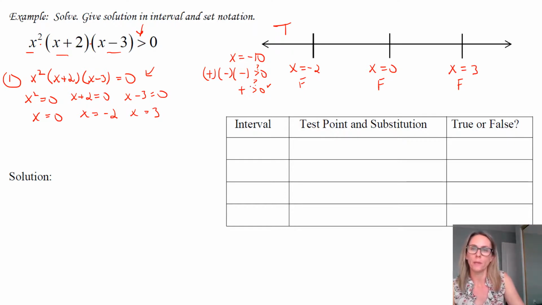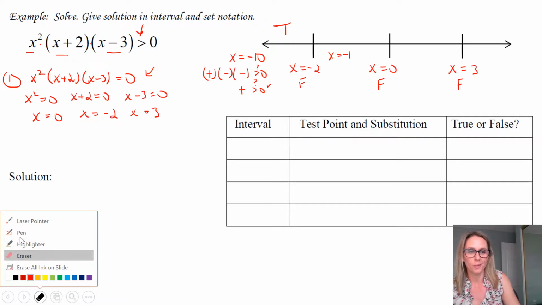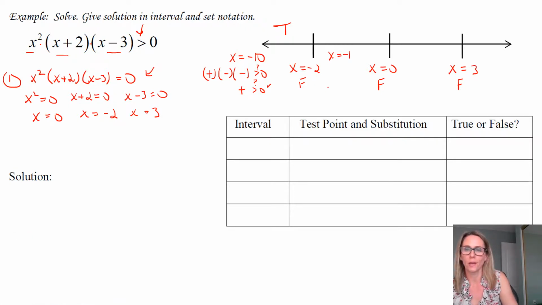So if I pick something between -2 and 0, I can't pick 0 this time around, but say I pick x equals -1, I'm just plugging this into all my factors. I'm remembering that I'm trying to show you how to do this without having to focus so much on all the actual values. So if I plug in a -1, I'm going to have positive times a positive times a negative.